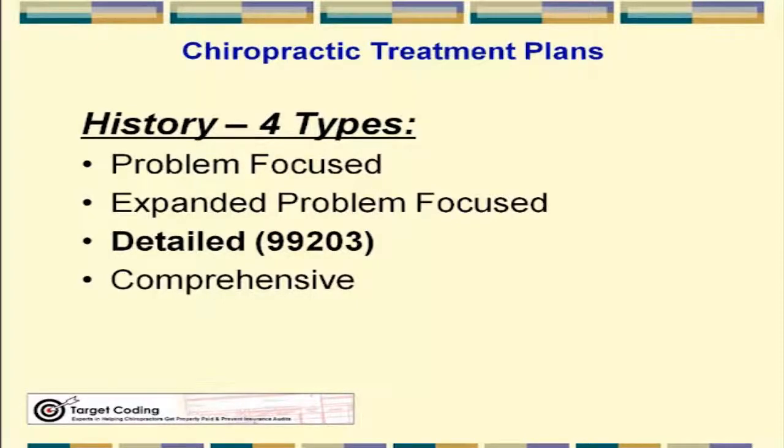Review of systems, you have to review 2 to 9 systems in order to justify 99203. And you have to go through at least 1 past history or a family history or a social history.